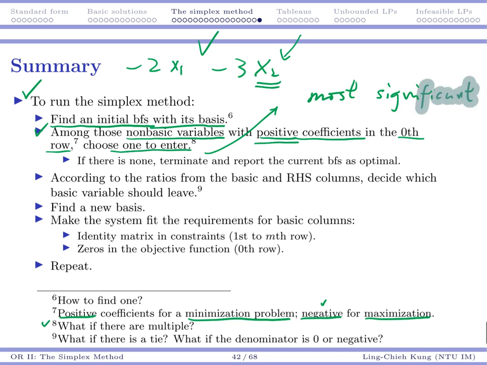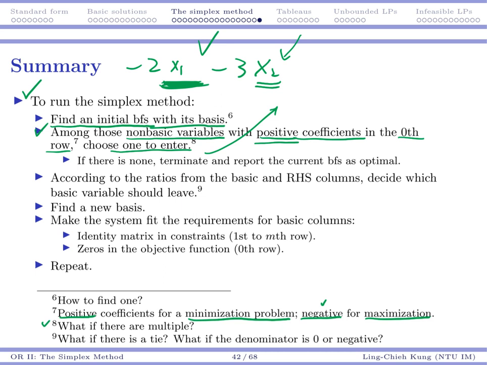So in practice, people actually don't really look at the most significant coefficient. People typically suggest, for example, to just use the indexes. If x1 and x2 are both okay, then let's just pick x1. It's actually a more widely used algorithm or implementation to run the simplex method.